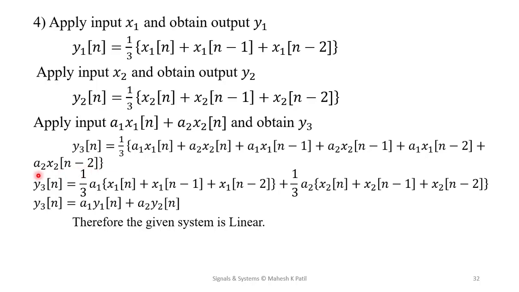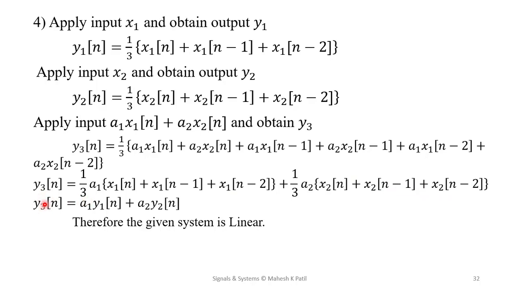Now we'll do the adjustment in this equation. So y3 of n equal to 1 by 3 a1 in bracket x1 of n plus x1 of n minus 1 plus x1 of n minus 2, plus 1 by 3 a2 in bracket x2 of n plus x2 of n minus 1 plus x2 of n minus 2.